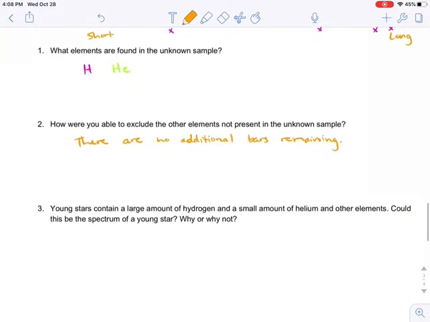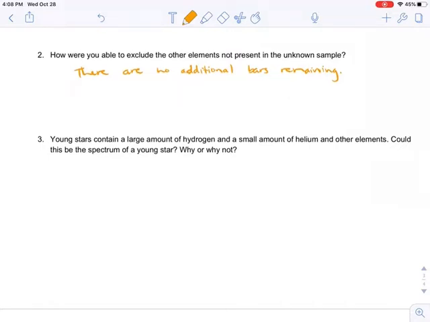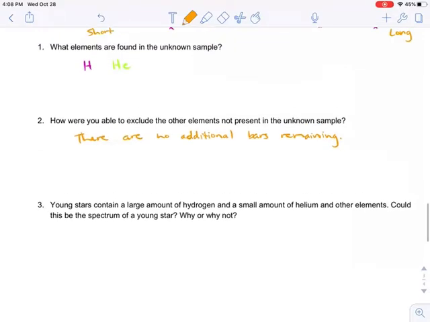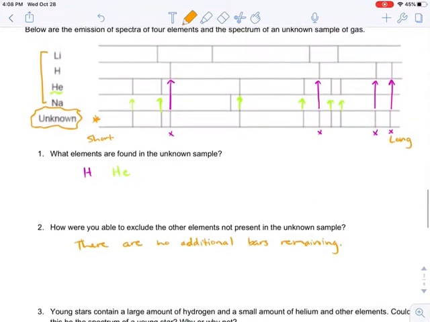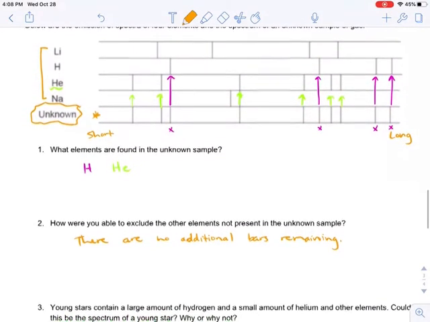So, question 3 is about stars. Young stars contain a large amount of hydrogen and a small amount of helium and other elements. Could this be the spectrum of a young star? Why or why not? It has the hydrogen for sure, and it definitely has the helium.